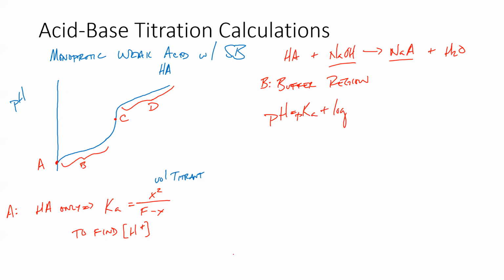Now, base over acid, how do we calculate that, given what we have here? It's based a little bit on what I just told you. The moles of the strong base that we add equal the moles of the weak base that are formed. And so the moles of the weak base are the concentration of the strong base times the volume of the strong base at that point.